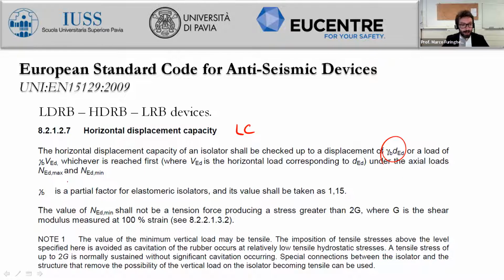For elastomeric isolators, the partial factor is generally 15% more. So we slightly increase the design displacement, and then we achieve the maximum displacement with a constant velocity, so a ramp, then we keep it constant, and then we go back to zero.